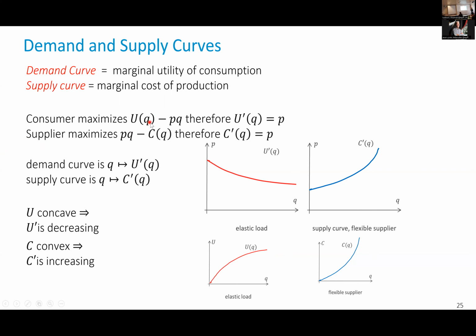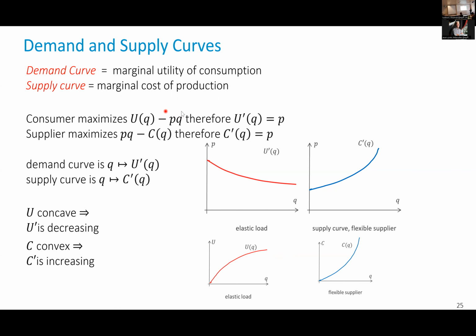Then you see that at the optimal we cancel the derivative. If the consumer has some flexibility and the market price is P, the consumer will say, I will buy an amount Q that maximizes my utility minus cost.